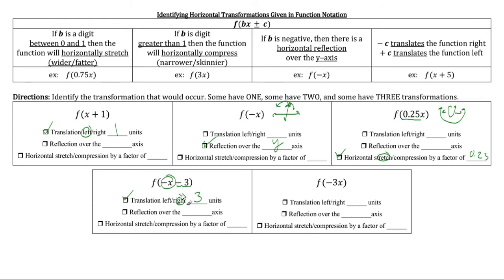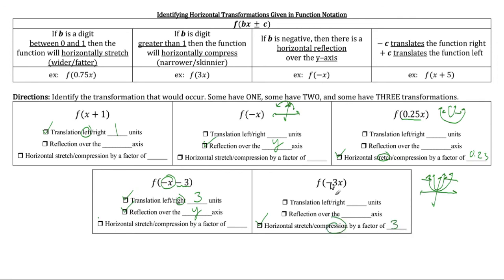Then we have this horizontal reflection over the y-axis again. And lastly, this, if we had a quadratic, would make it skinnier. So it's going to be a horizontal compression by a factor of 3.